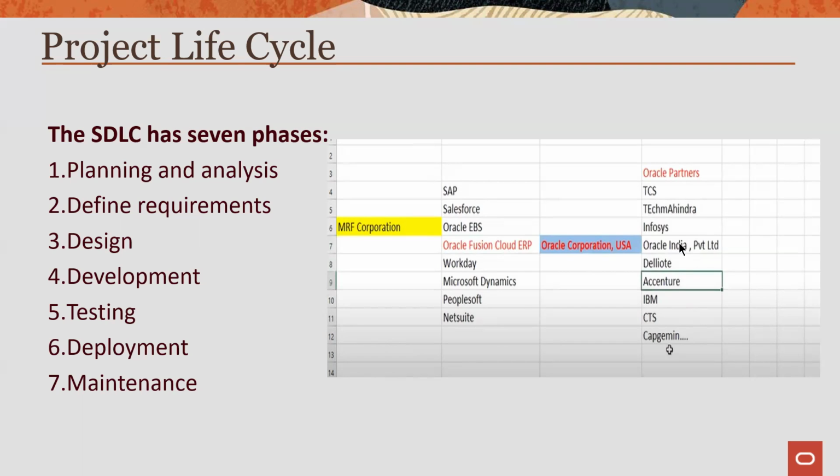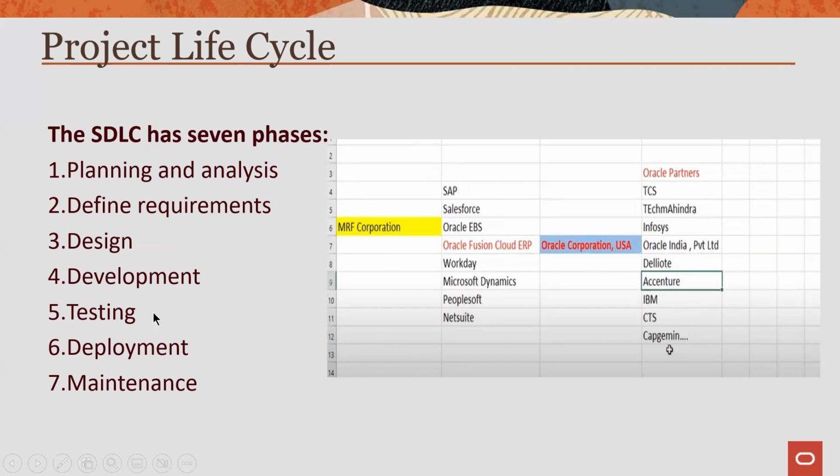Once you get the project after competing with other partners, and the project is started, you need to plan and analyze the business of the company, then define requirements, design your solution, and develop that solution.